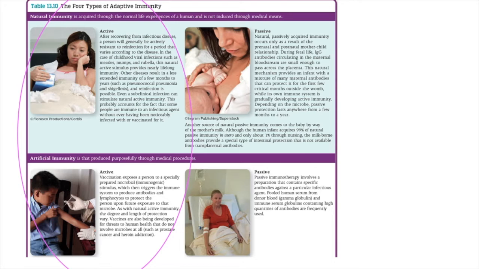Give the subject, the patient, antigens in a safe, non-disease causing form that still recruits all of these cells that are going to be specific and induced when the actual antigen is encountered in the environment. So active artificial immunity is basically the use of vaccines.